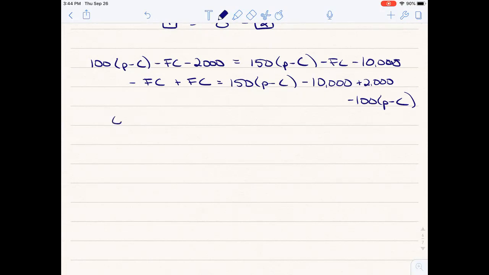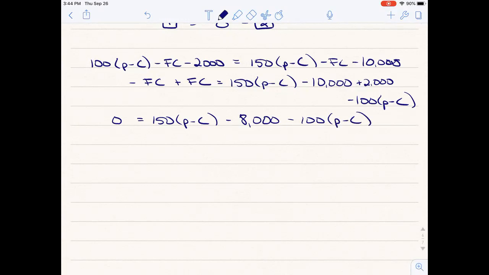So now what we see is 0 is 150 times P minus C. I'm going to simplify the minus 10,000 plus 2,000. So put me at minus 8,000 minus 100 times P minus C.